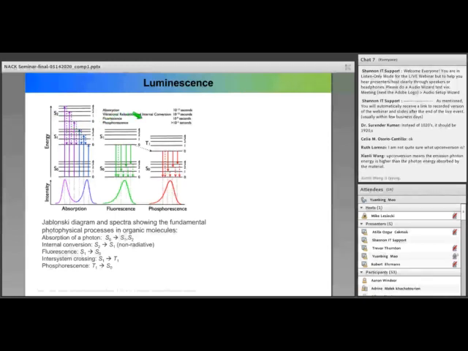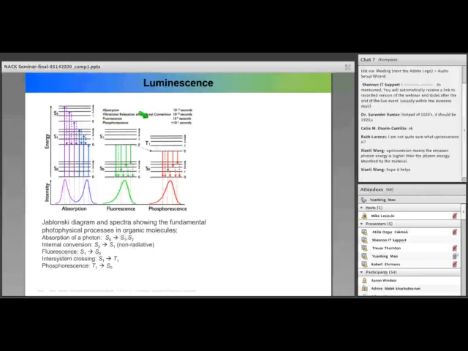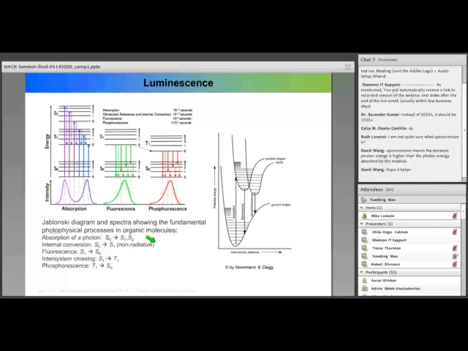And then the vibrational relaxation and internal conversion is a picosecond scale, and fluorescence is in nanosecond, and then phosphorescence is in microsecond, or even millisecond scale. So that's how this process happens, because of the different time scales. So that's one part of this.